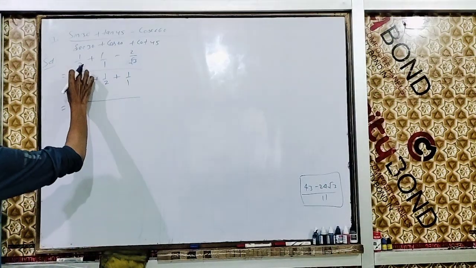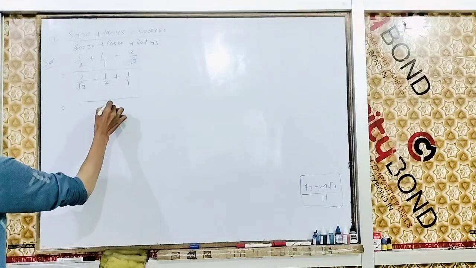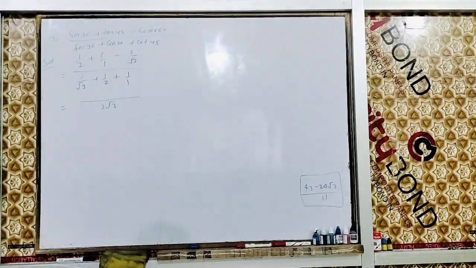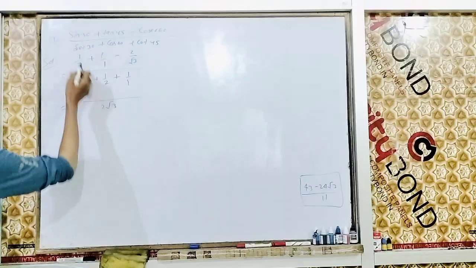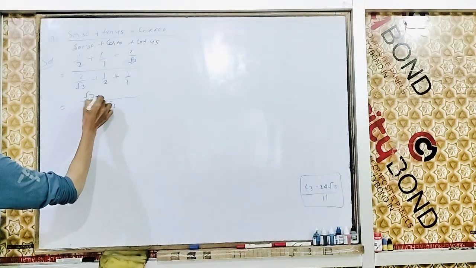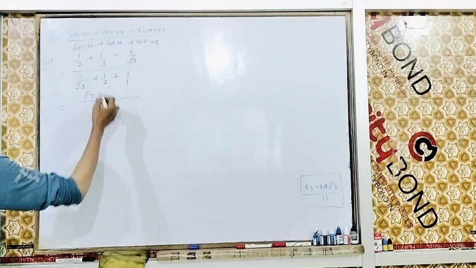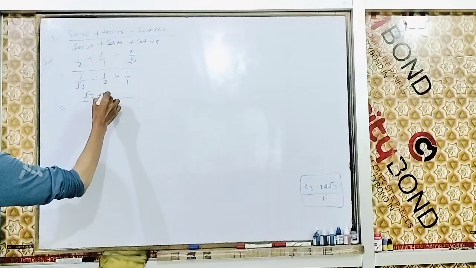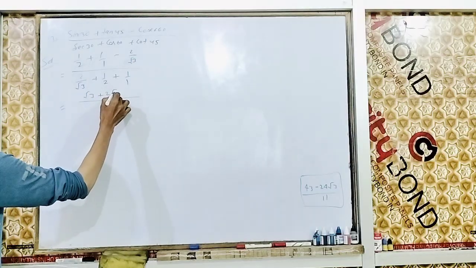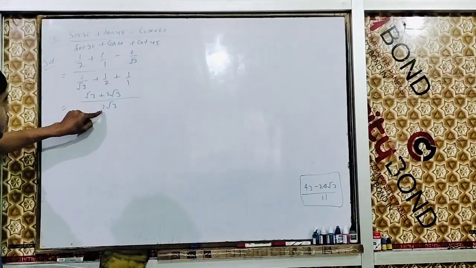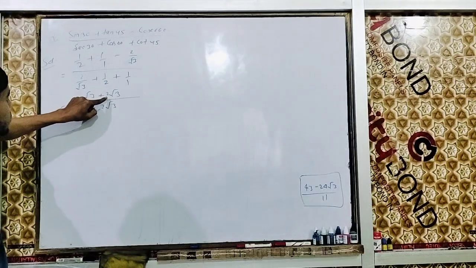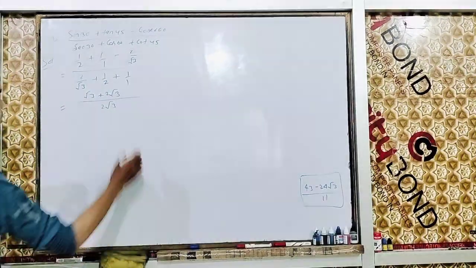We will multiply this by this, root 3. Here you can see this is the same. So this one will become 2 of root 3 ones are 2 of root 3. Then minus.